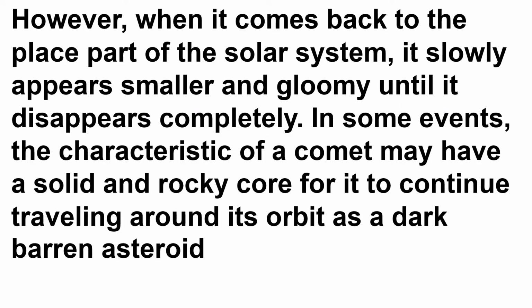However, when it comes back to the outer part of the solar system, it slowly appears smaller and gloomy until it disappears completely. In some events, a comet may have a solid and rocky core that continues traveling around its orbit as a dark, barren asteroid.